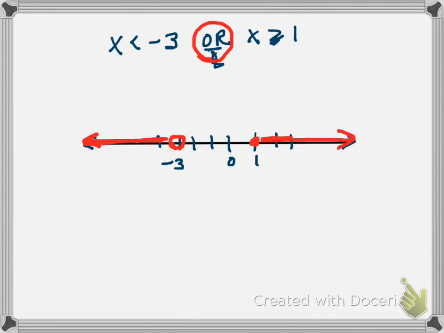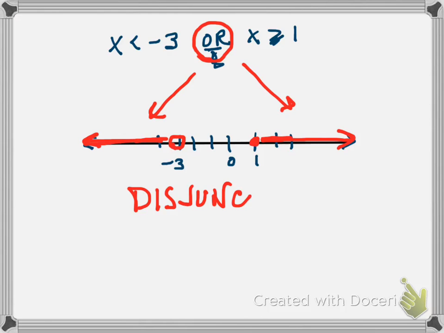So for my compound inequality with the word or, I have a piece of the graph that goes off in either direction. This is called a disjunction. And its special word is or.